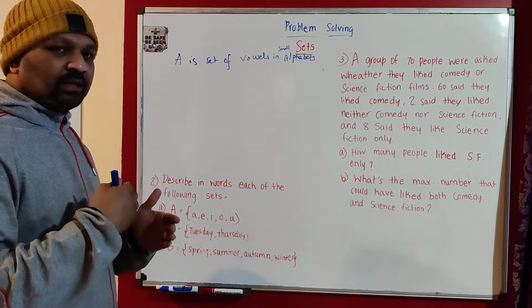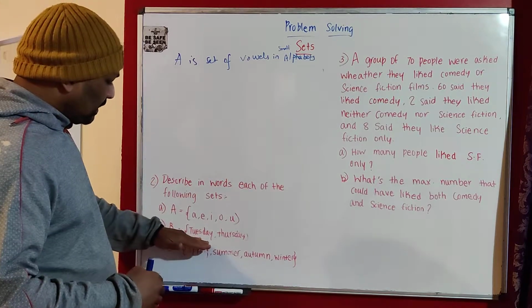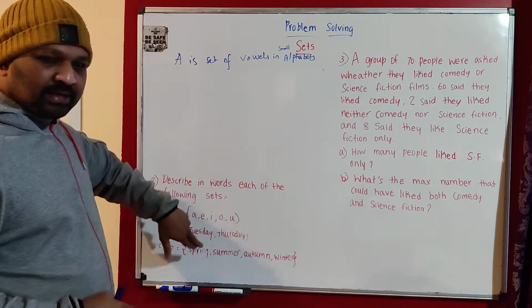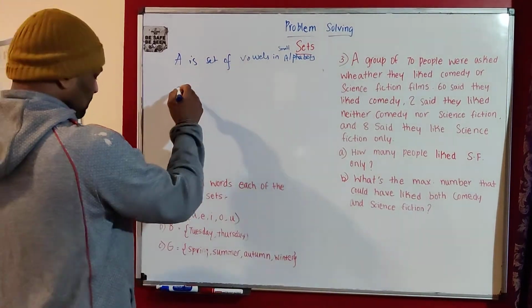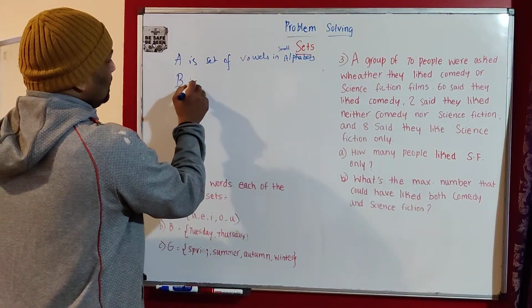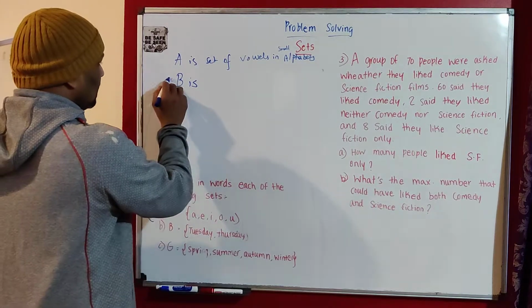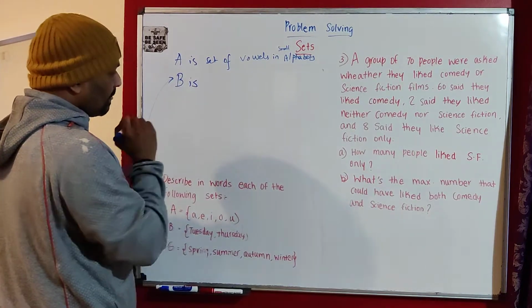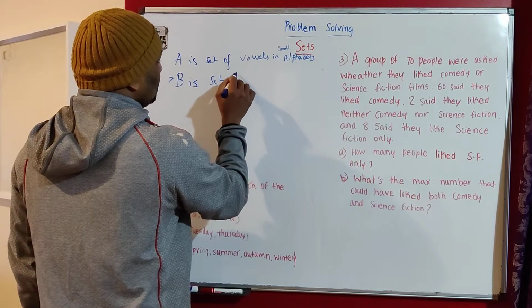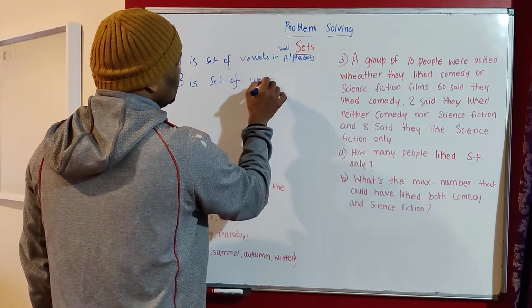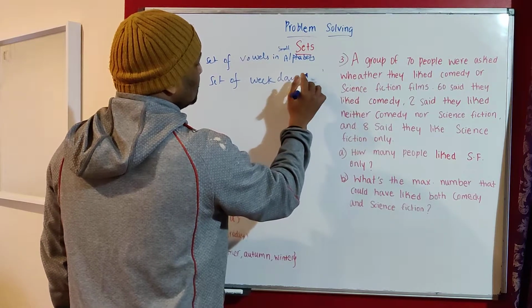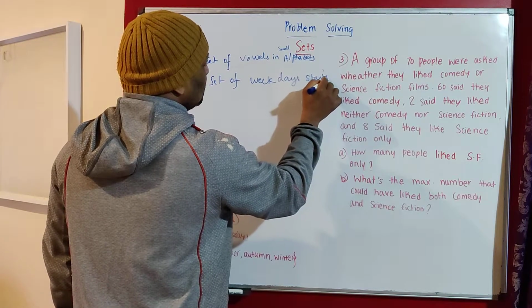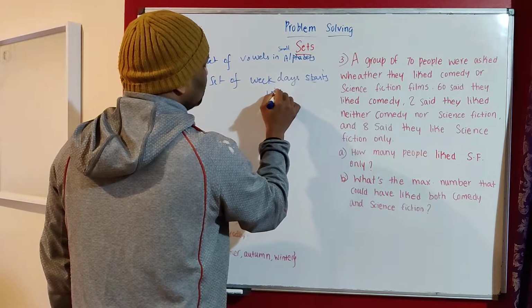That's how you can verify it: you write it in words, and translating back into element form, you should get the same set. So B is the set of weekdays that start with T.